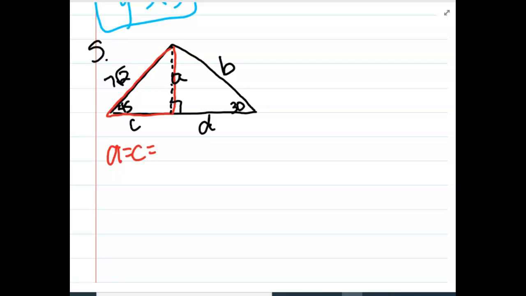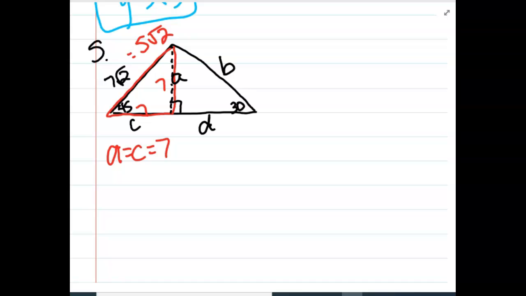In a 45, 45, 90 triangle, the hypotenuse is S square root of 2, the length of a leg times the square root of 2. So what's the length of the legs here? 7 square root of 2 equals S square root of 2, which means S has to equal 7, which is going to be those legs right there. So A and C are both going to equal 7.